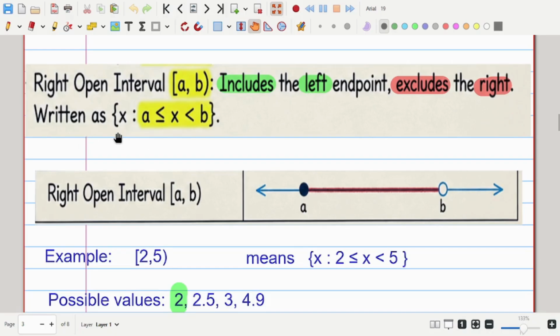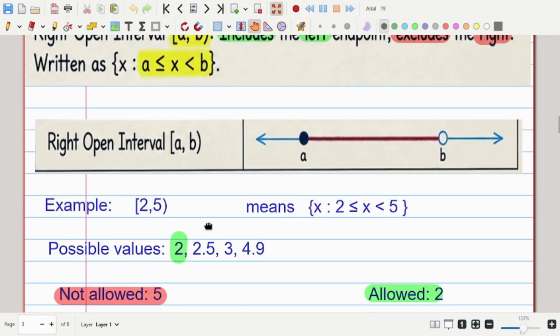Write it as the set of all x such that x is greater than or equal to a and less than b. On a number line it is denoted as a closed point on the left side and an open point on the right side. Closed point means include, open point means exclude.